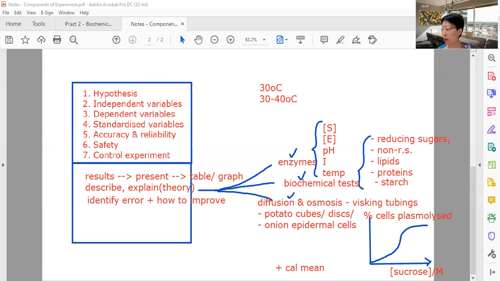The options are on the graph, so you have to tell me. This is a good question. How do you find which concentration of sucrose will have the same water potential as the cell cytoplasm?